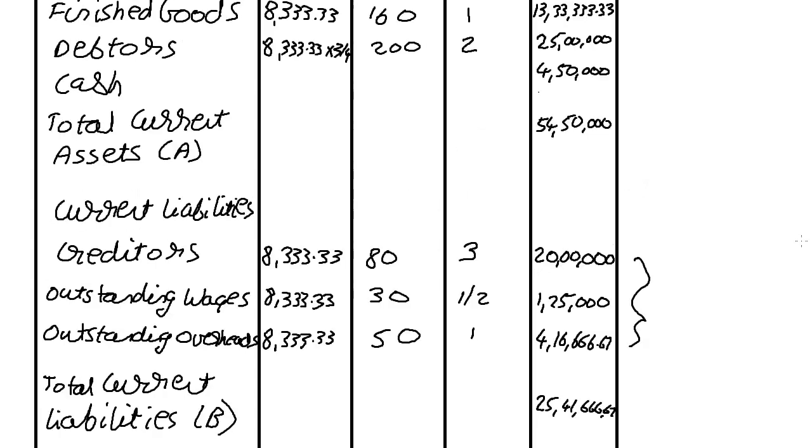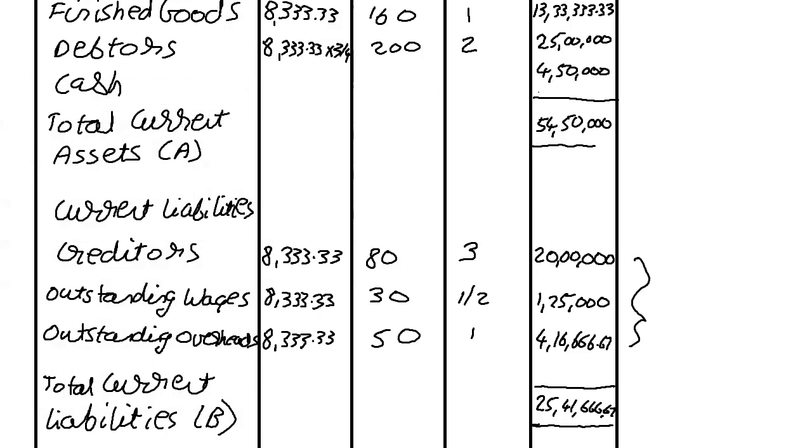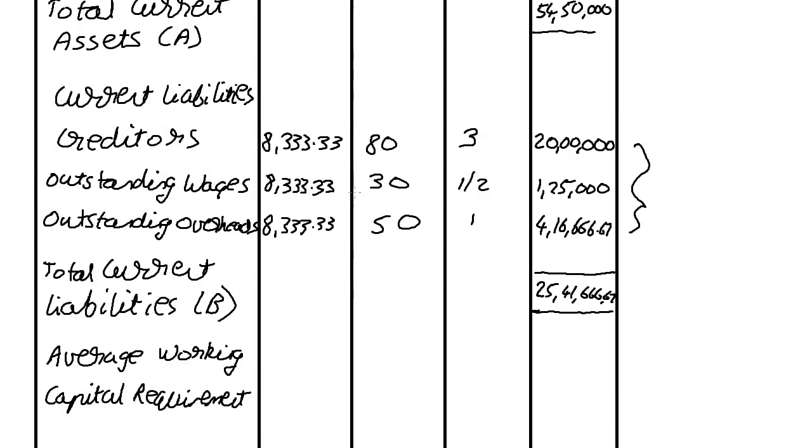Remember, total current assets, I have this. Total current liabilities, I have this. And now I can subtract. So I'm just going to take this number and subtract 54,50,000. Okay, and I end up with 29,08,333.33, which is your average working capital requirement.